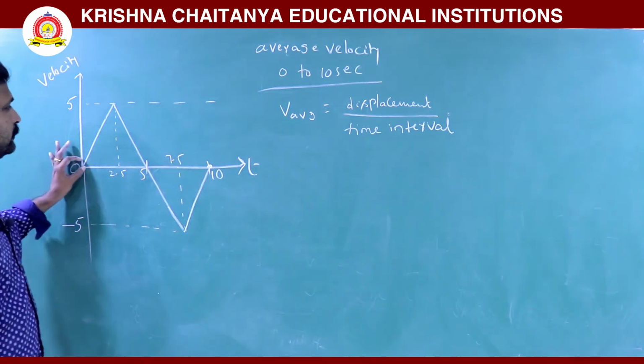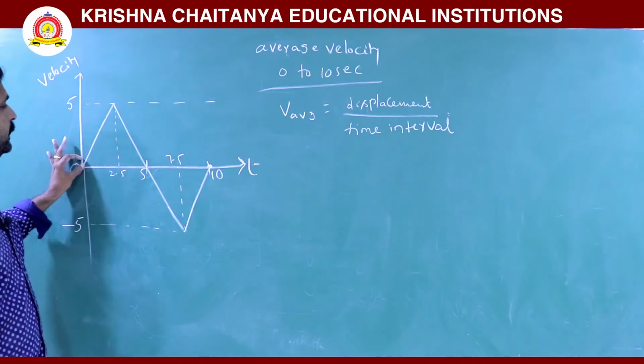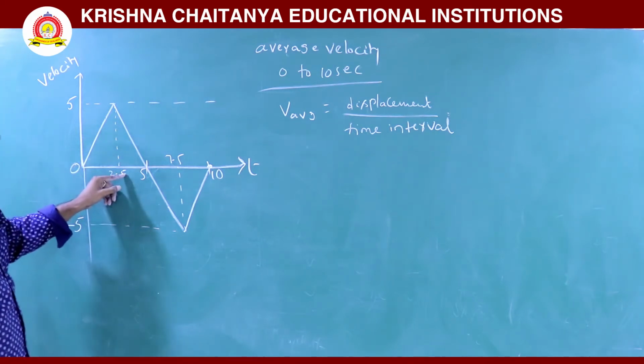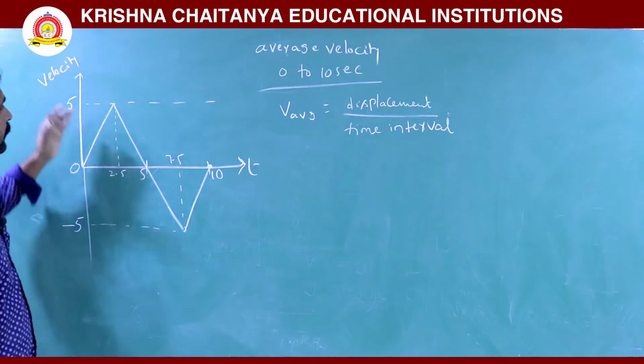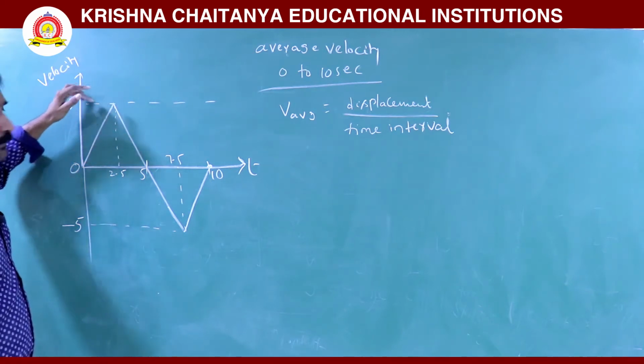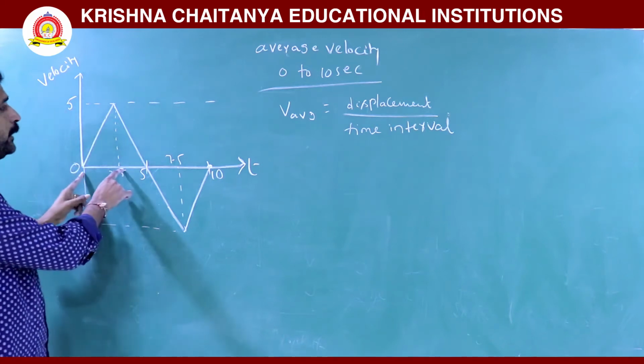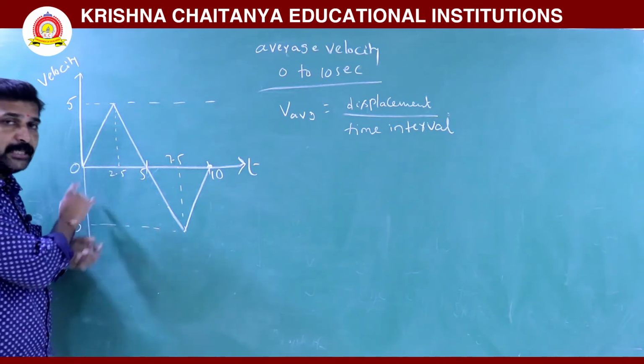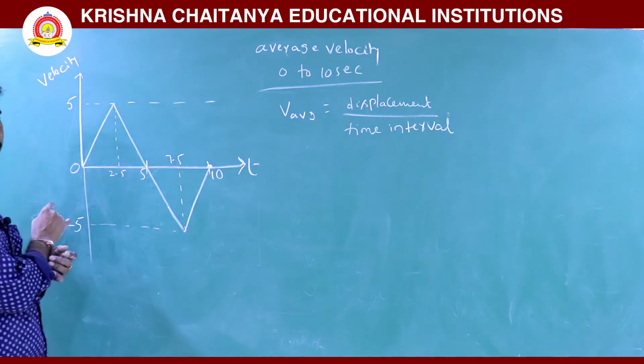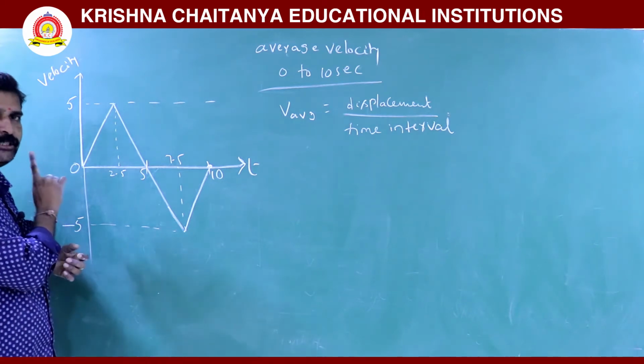If you take the slope of this straight line from 0 to 2.5 seconds, the velocity is 5 and time is 2.5, so acceleration is 5 by 2.5, which is 2.